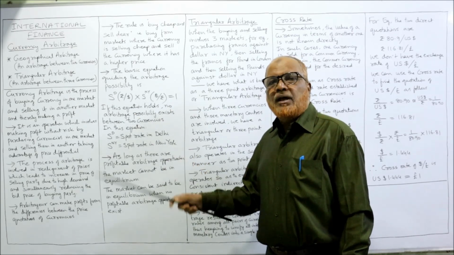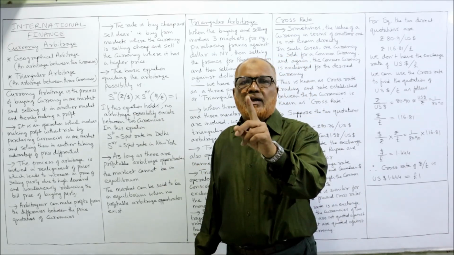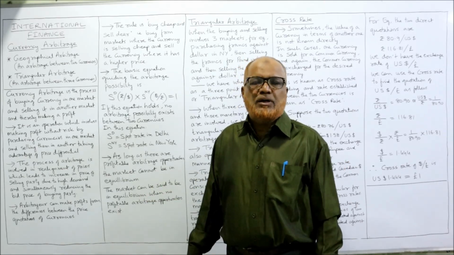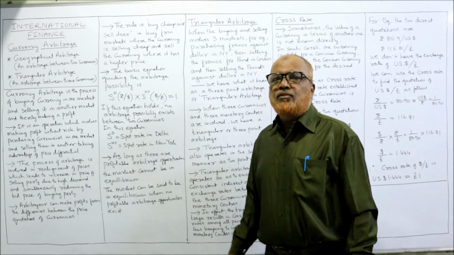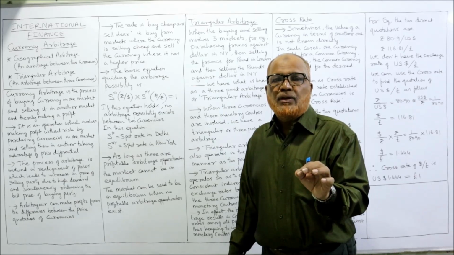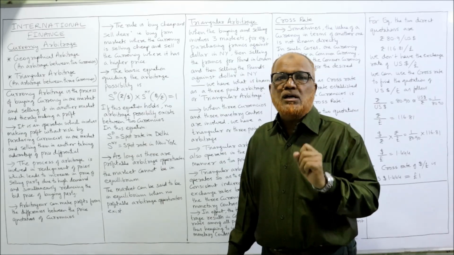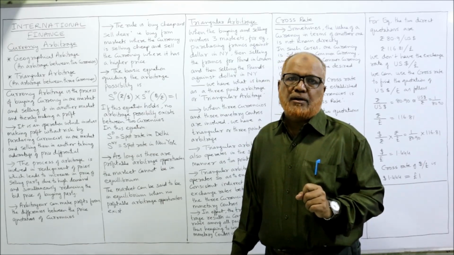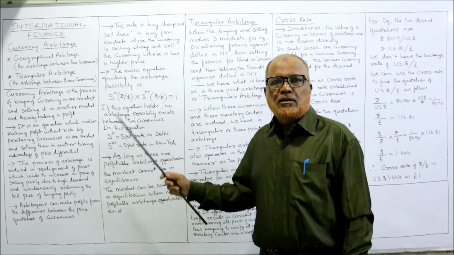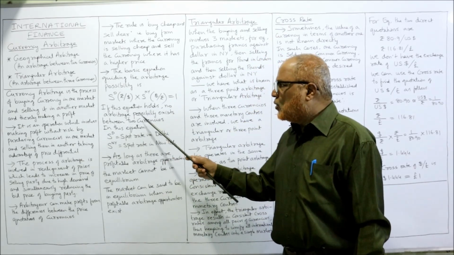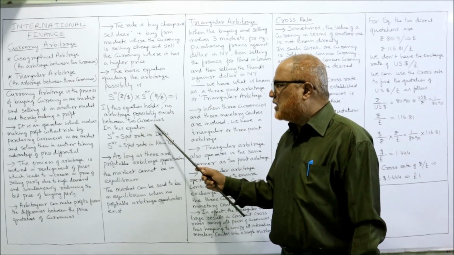If you multiply these two quotations and you get one, that means there is no arbitrage possibility. If you multiply and you do not get one, if you get more than one or less than one, there is a possibility of arbitrage. So this is the test to find whether arbitrage possibility is there or not. If this equation holds, no arbitrage possibility exists between the currencies.